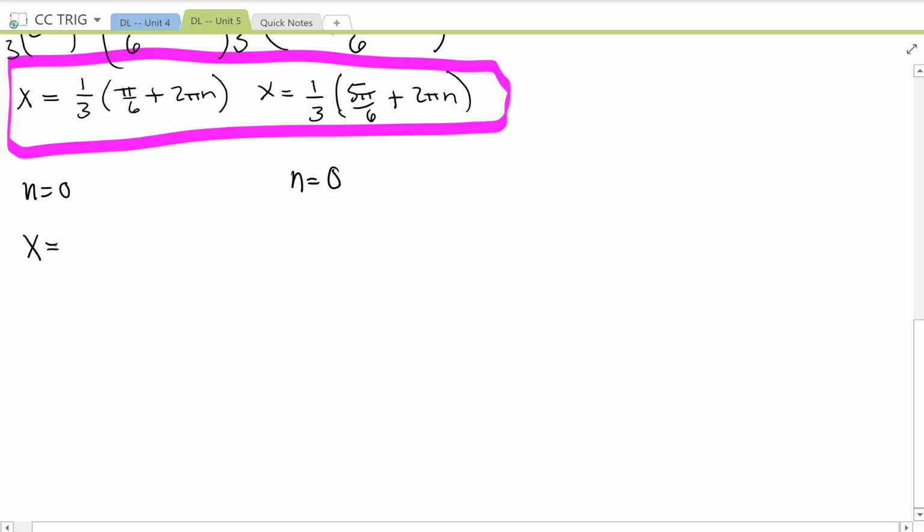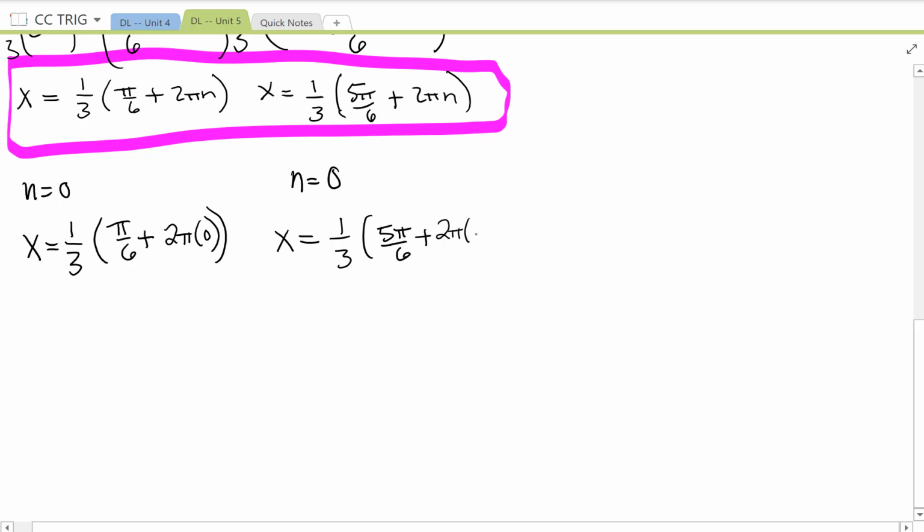Now we're getting actual answers. This is just an expression. Now we're getting answers. 1/3 times pi over 6 plus 2 pi times 0. And then plug in 0 for n in the other expression: 1/3 times 5 pi over 6 plus 2 pi times 0.